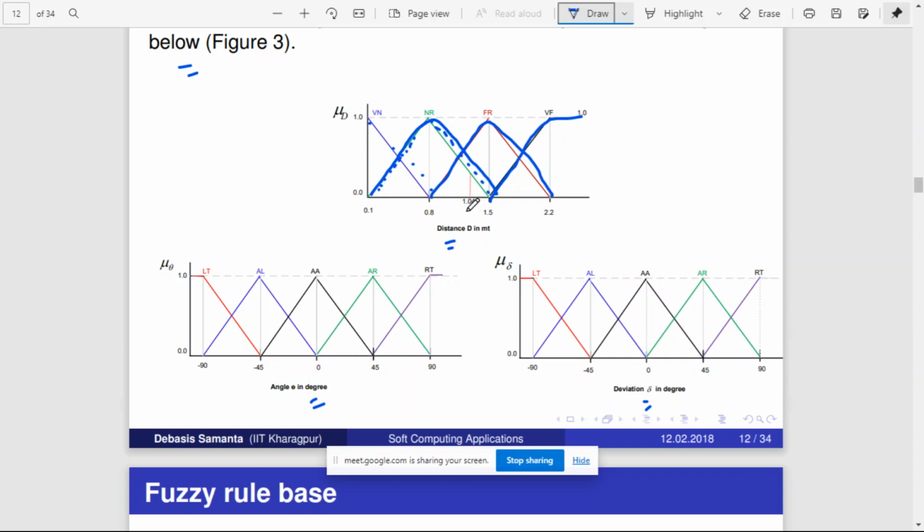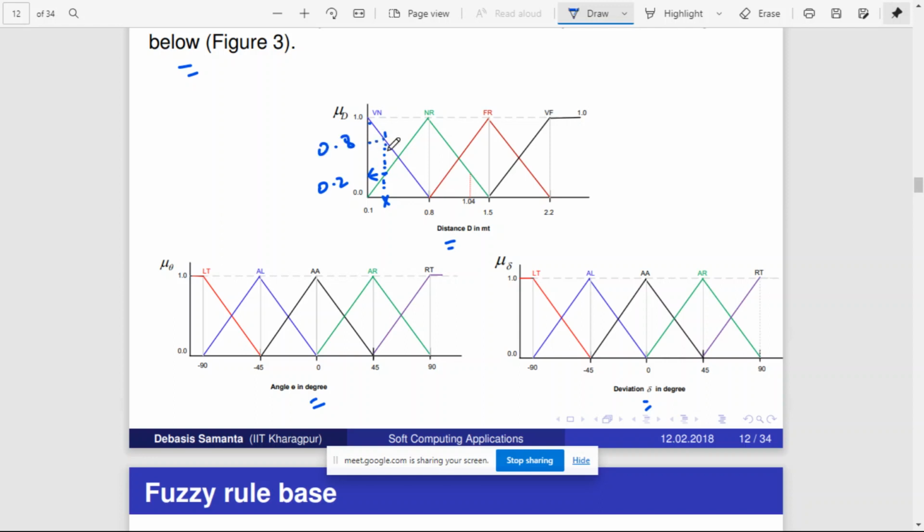Of course there will be some places where 2 or more membership functions may occur. That is the nature of fuzzy logic. Fuzzy logic always allows that, whereas crisp logic will not allow that. For example, if you take this particular point and draw a line here, it has a membership value of 0.2 corresponding to near, and a membership value of 0.8 corresponding to very near.